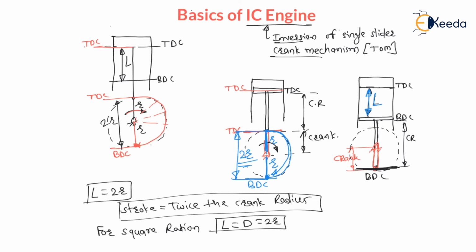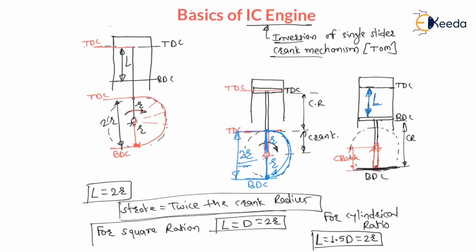And again they will mention the cylindrical ratio, for which the stroke is equal to 1.5 times d, which is nothing but 2 times the crank radius, right? These are the two types of different ratios, one is the square ratio and the other is the cylindrical ratio.